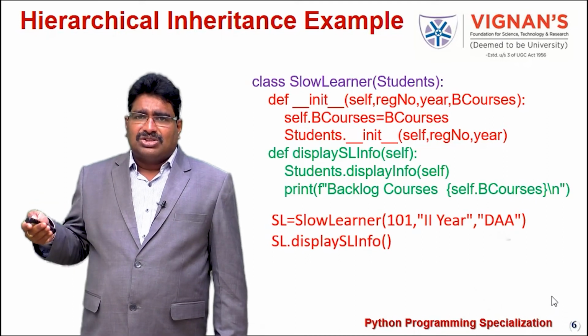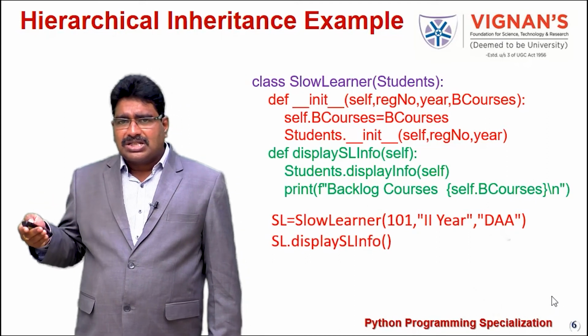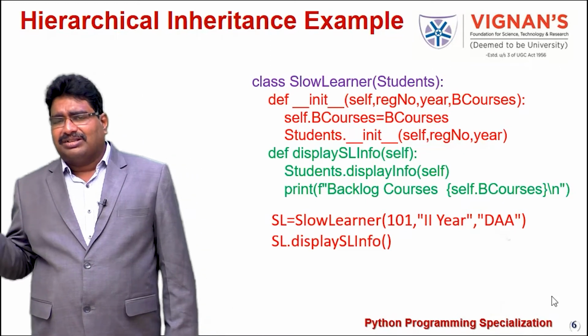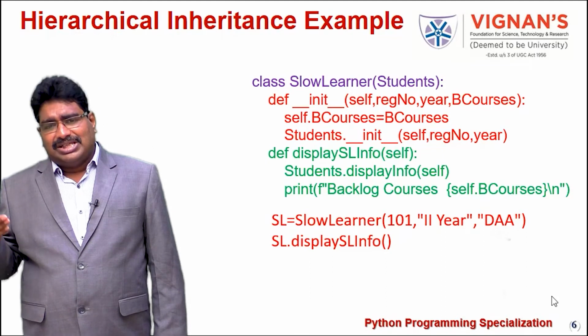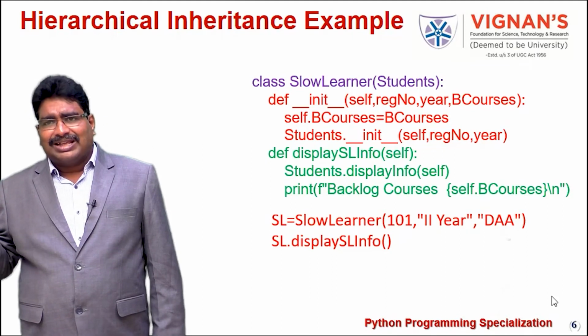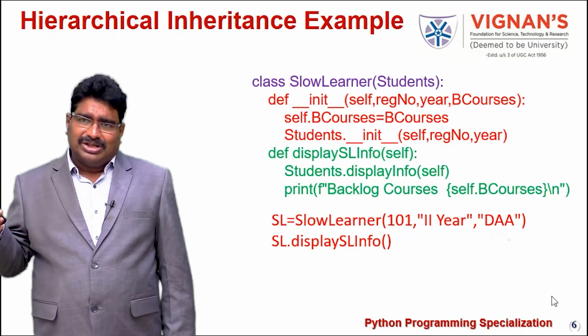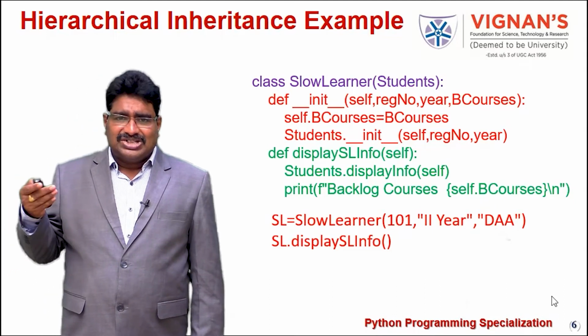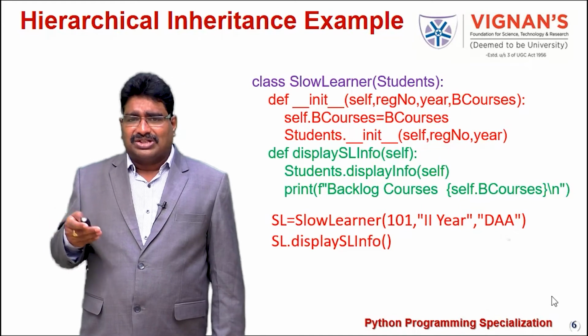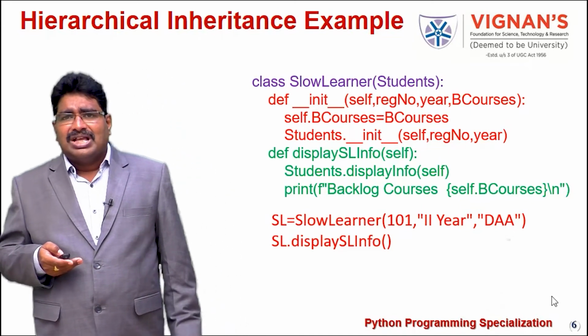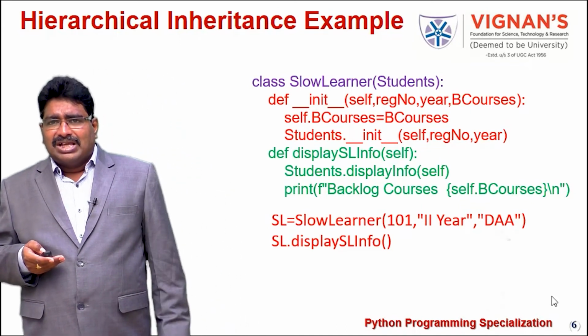SL is an object of the slow learner class with the parameters 101, second year. That itself indicates that the student register number is 101, year is the second year, and he is lagging in the DA course. So student 101 requires additional training in the DA subject. So automatically we are using SL.display SL info.